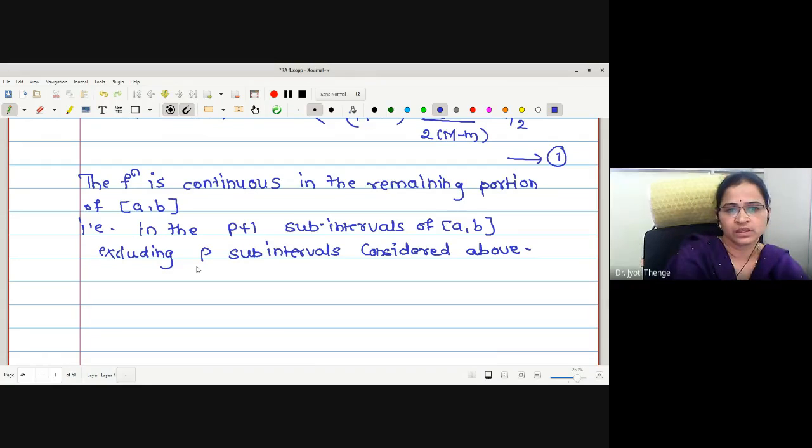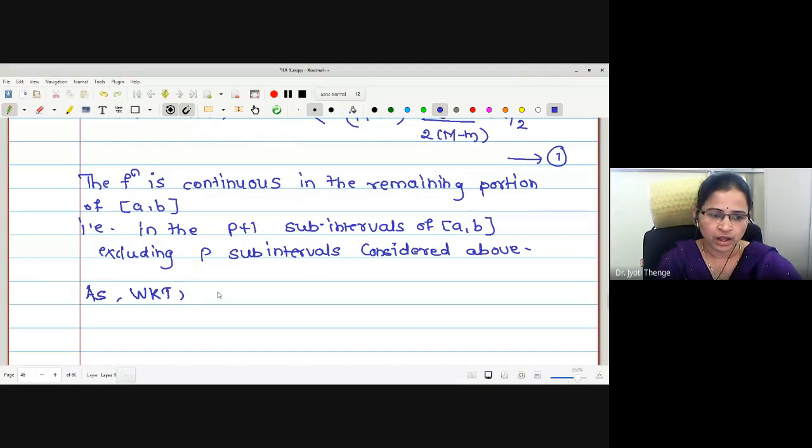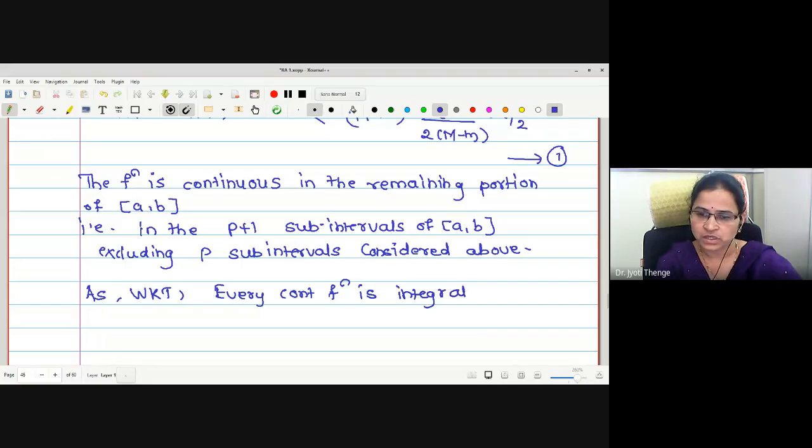Now what about these remaining P plus 1 subintervals? We will find out the contribution by one subinterval, and then finally we will write the contribution by all P plus 1 subintervals. As we know, every continuous function is integrable.